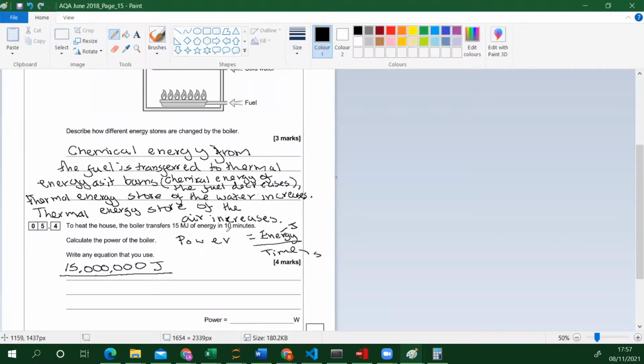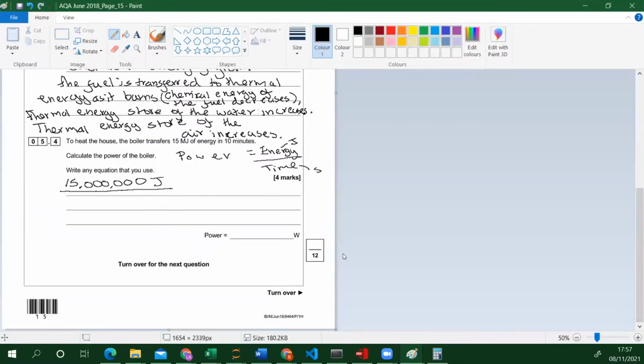10 minutes, so 10 times 60 is 600 seconds. That goes under the time, and that gives us 25000 watts.